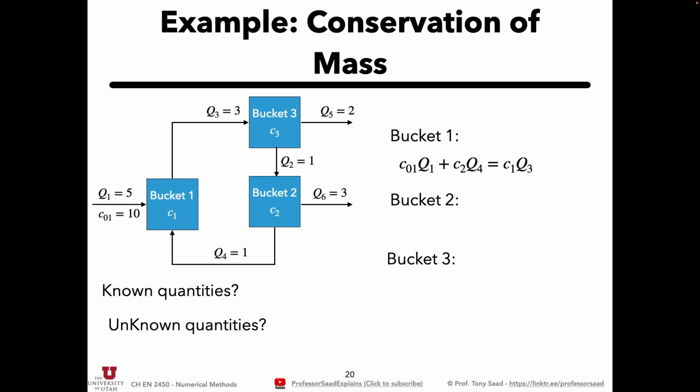So for bucket 2, what's coming in is Q4 and Q1 times Q5. So input.